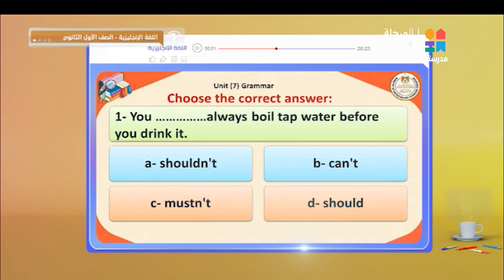So let's look again at the sentence and see which thing we would want. We want affirmative or negative advice. You always boil tap water before you drink it. Of course, it's something advisable to boil tap water. So we can use should. You should always boil tap water before you drink it to kill the bacteria, to kill the viruses in it. So it's advisable. When something is advisable, we use should.